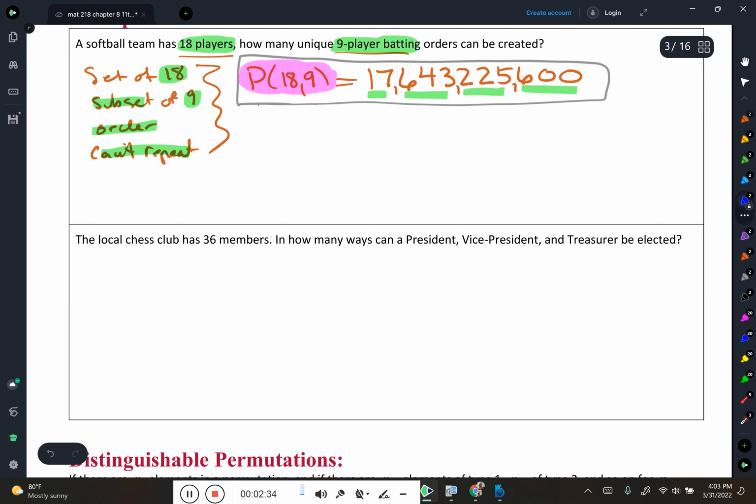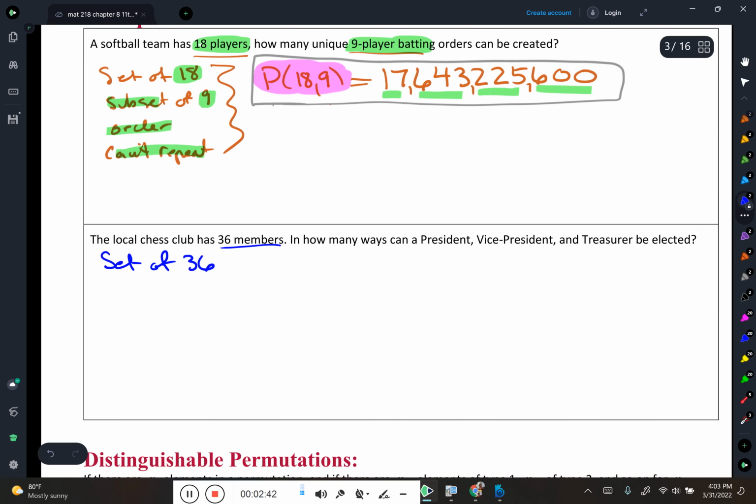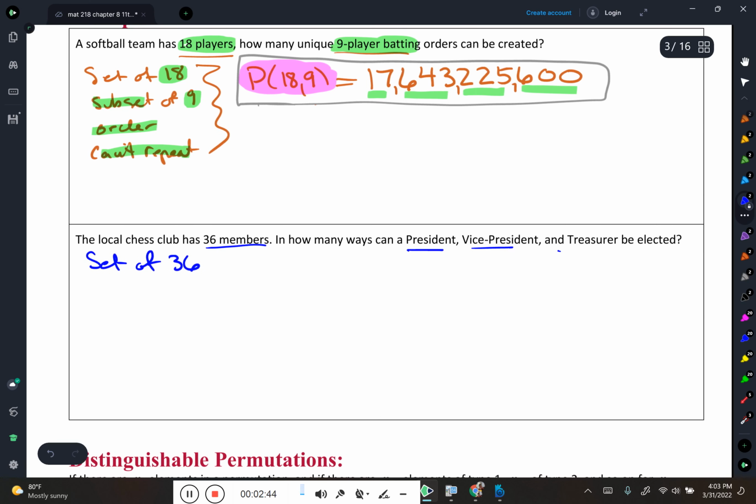A local chess club has 36 members. So I have a set of 36. In how many ways can a president, a vice president, and a treasurer be elected? So I'm making a subset. I'm picking 3. Does the order matter? Well, if you're picked to be president, is that the same as being picked to be vice president? Okay. So the order matters. So that's good. And we can't repeat because you can't be 2 of those at the same time.